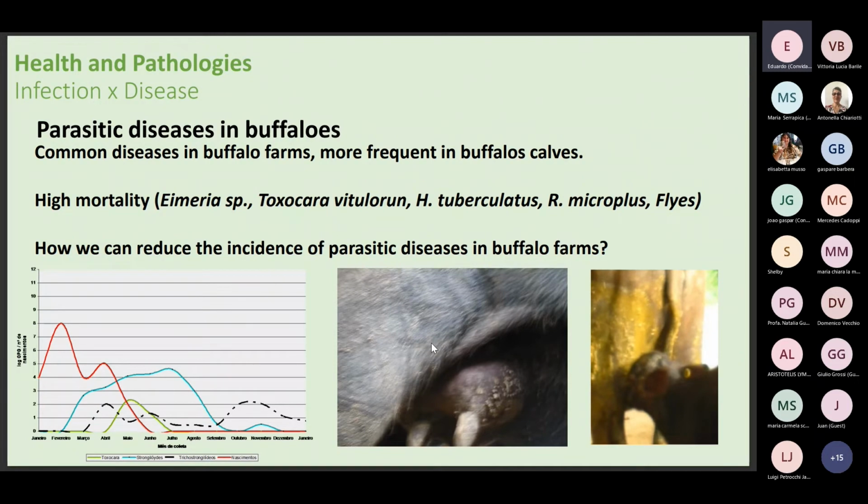So we need to understand, as I said, what type of parasites or what type of disease are more frequent in each environment to reduce the impact of the infection in the animals, and use specific drugs in each situation. So that's the very important point.